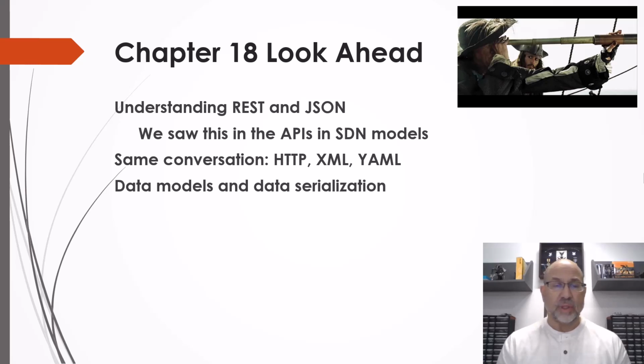So these are all related. And then REST and XML and YAML are all referring to how we build a data model and how we interact with that data model itself. So we've got to have some way to organize the queries and the structure, and so these are all related to data models and data serialization. But we'll talk more about that next time.